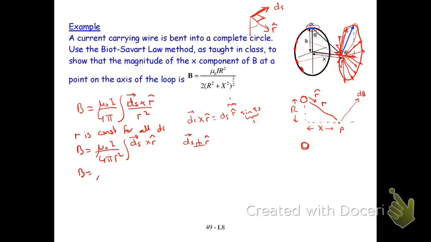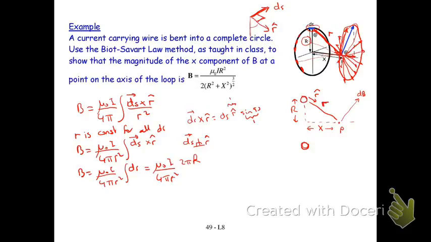B is equal to mu naught I over 4 pi r squared times the integral of ds. This is a complete circle, isn't it? That's going to be 2 pi r. Oh, got to be careful. 2 pi big R. This 4 pi r squared is using that r, the little r.